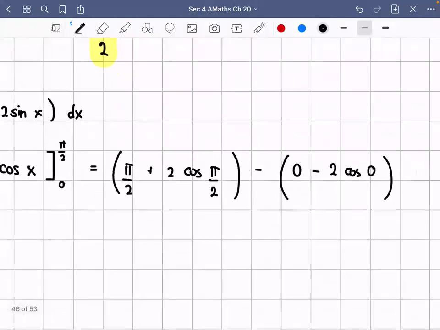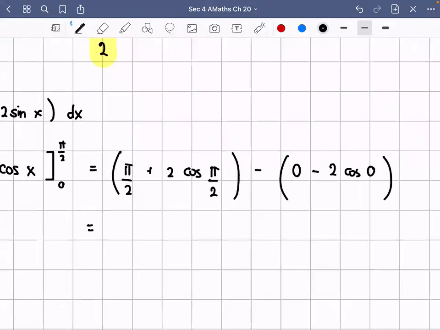Okay, simplifying this, class, what do we get? We have pi over 2 here plus, what is cosine of pi over 2? You can get your calculators. It's 0, right? So 0 times 2 is 0.